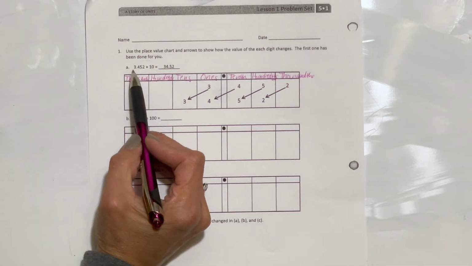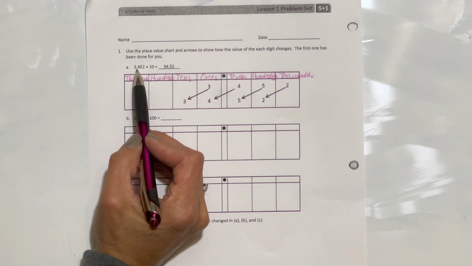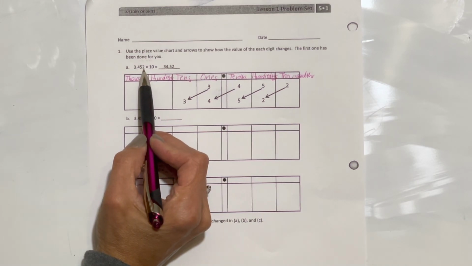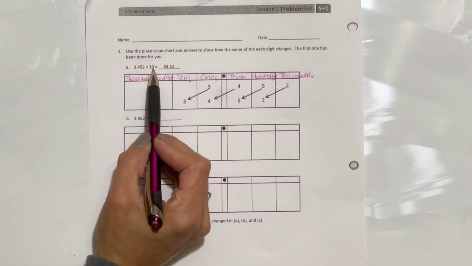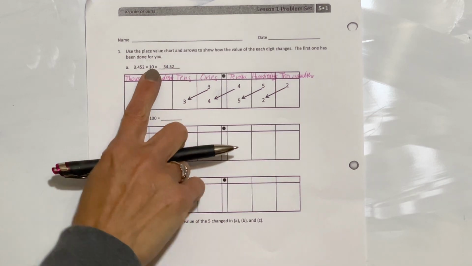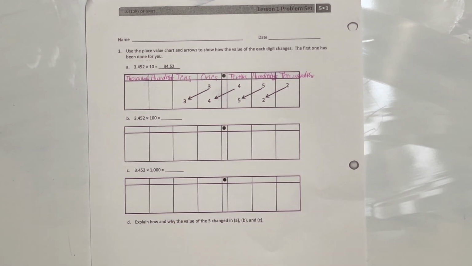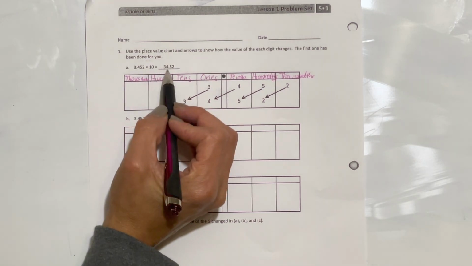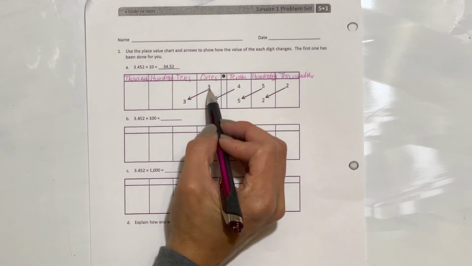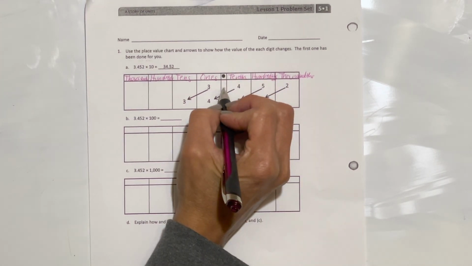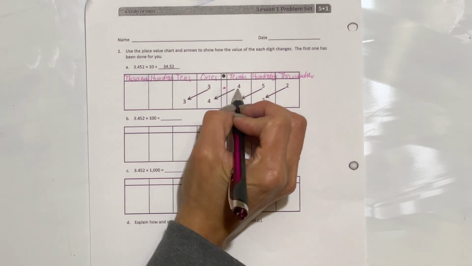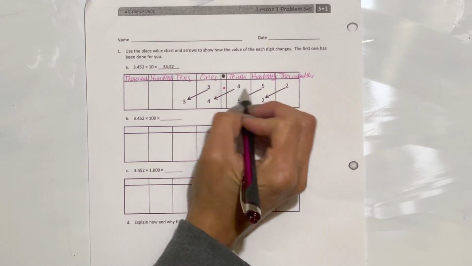All right, so to begin with, they have 3 and 452 thousandths times 10. Now right away I know that that's 10 to the 1st power because I see that there's 1 zero, so it's to the 1st power. So when I write it down, we've got 3 and, I can put my decimal there, 3 and 452 thousandths.